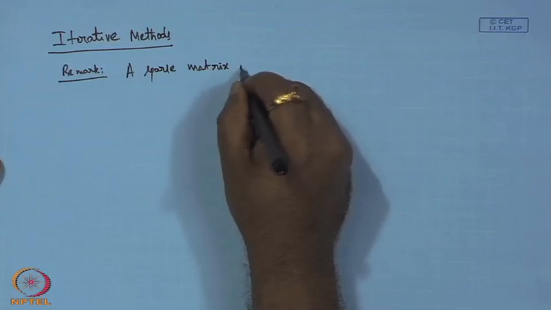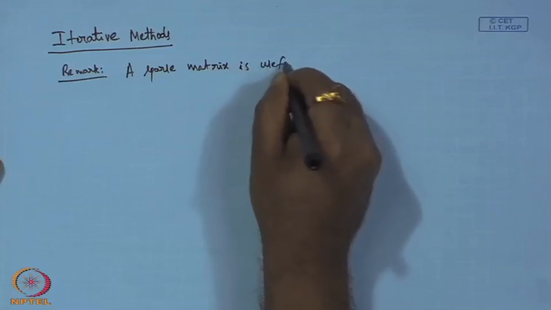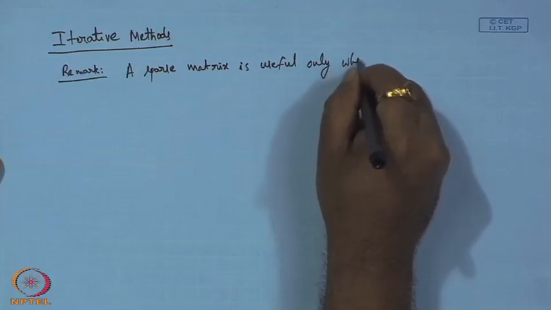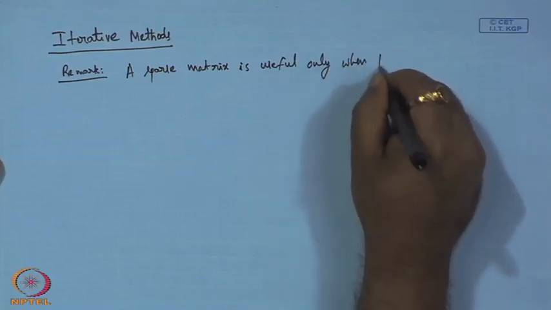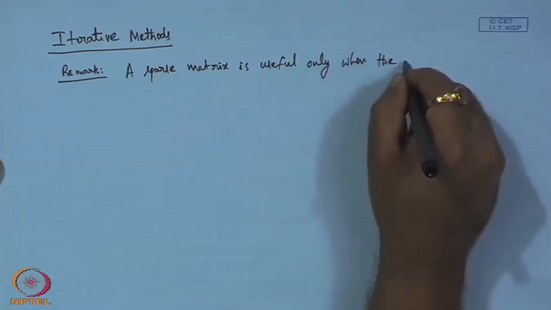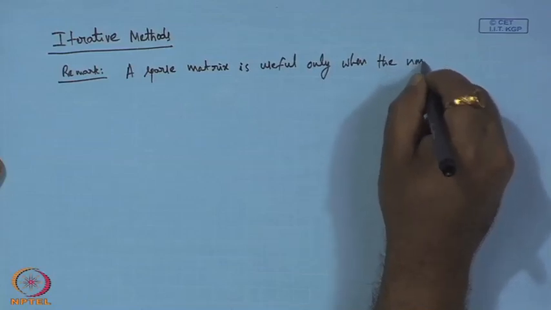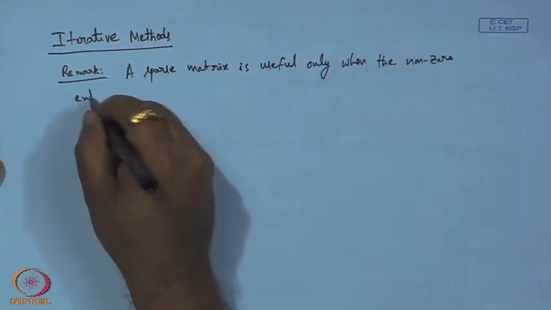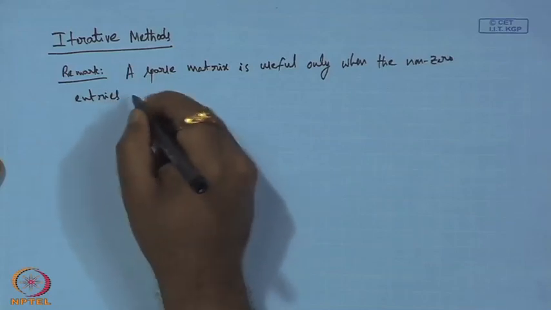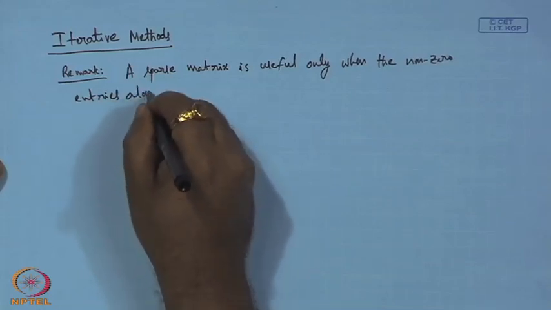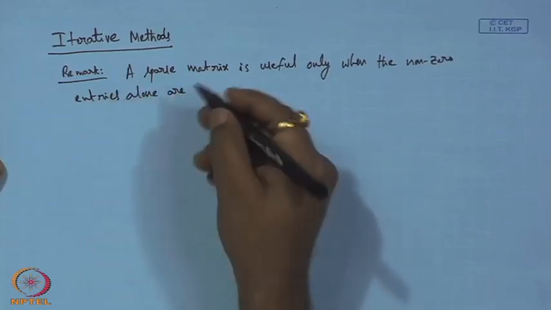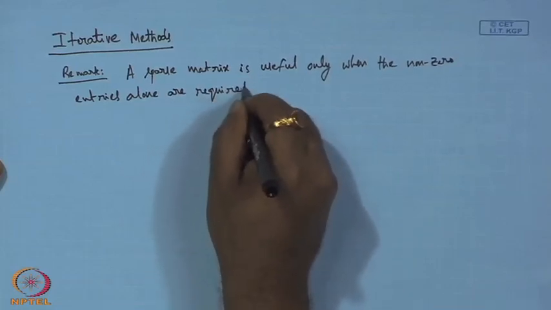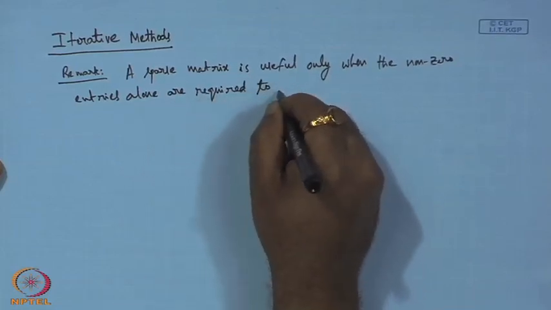A sparse matrix is useful only when non-zero entries alone are required to store.